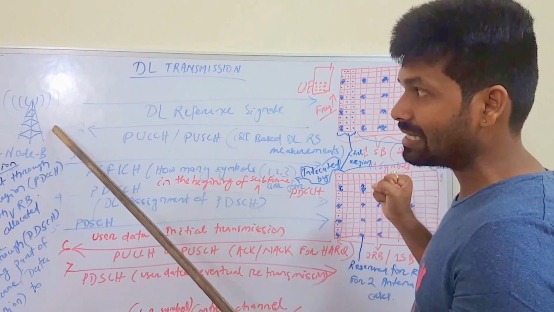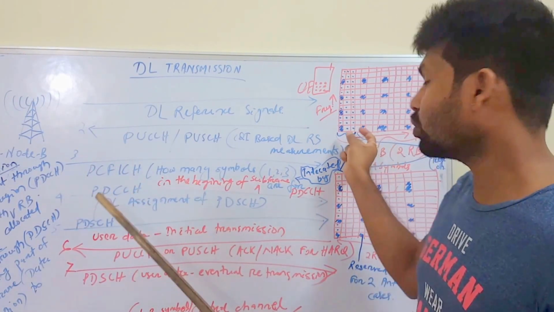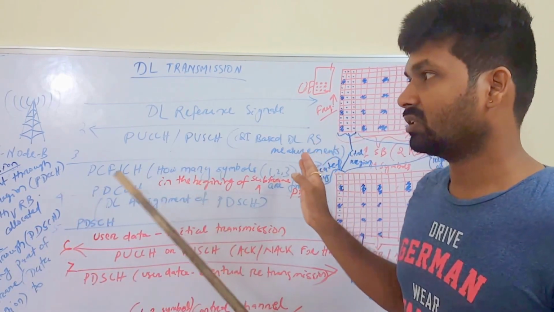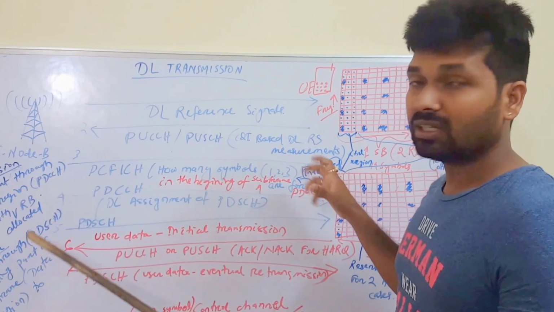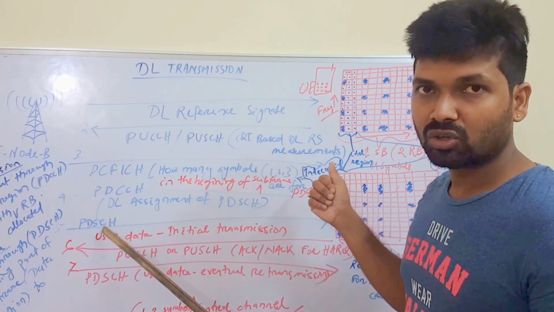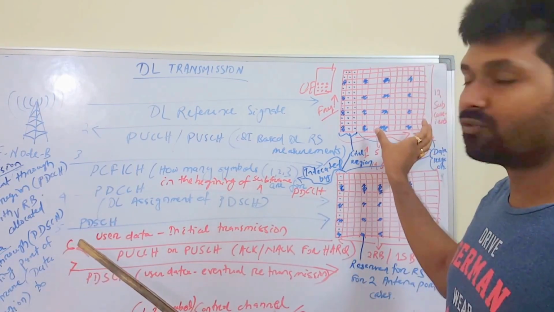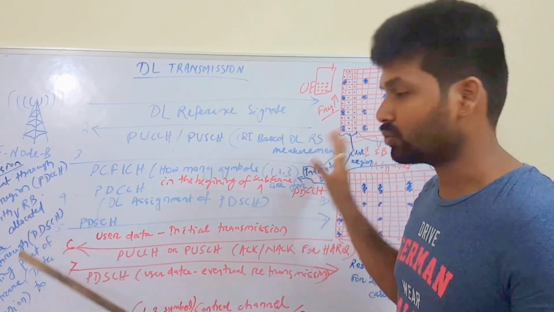So the decision is sent through PDCCH, or the control region, that we'll see in detail, to the UE, and the actual data for the UE is sent through PDSCH, or the physical downlink shared channel, or the data region of the subframe, or you can say the rest of the region where control is not used.